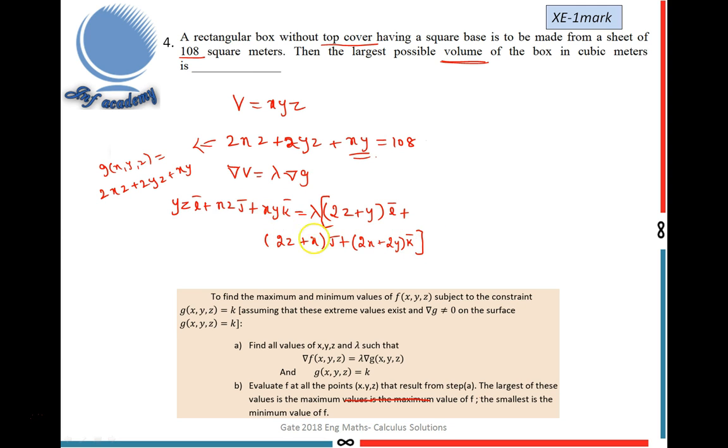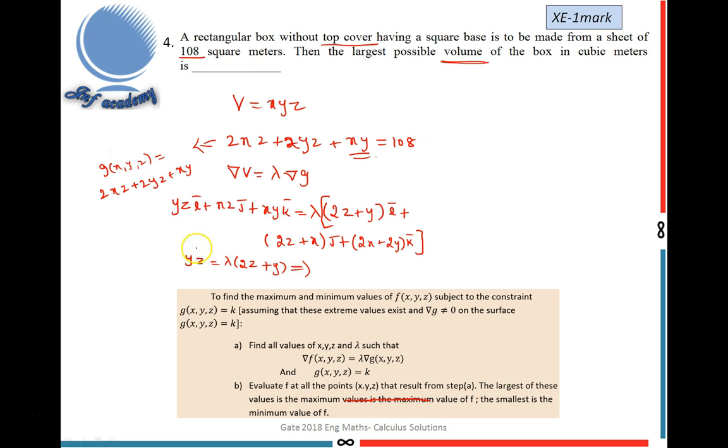Comparing the i, j, k coefficients, I got three equations. First equation is yz equal to lambda into 2z plus y.